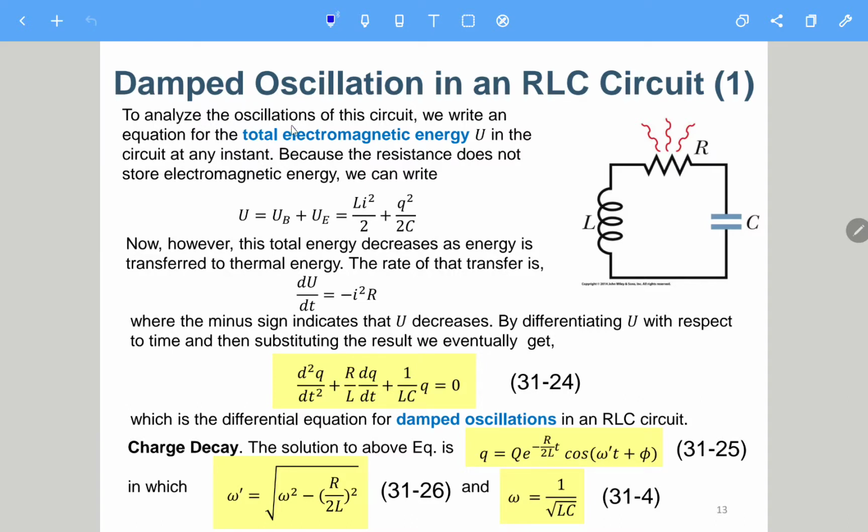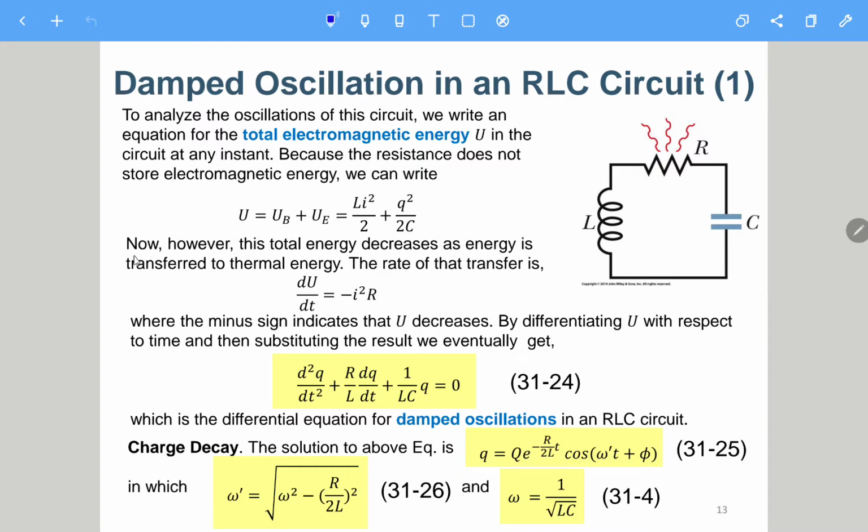Okay, so here we do a similar analysis using the energy method. The total energy here is UB plus UE, which is the same expression as the previous case.